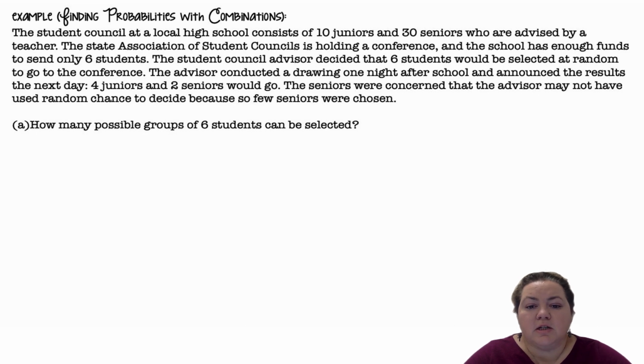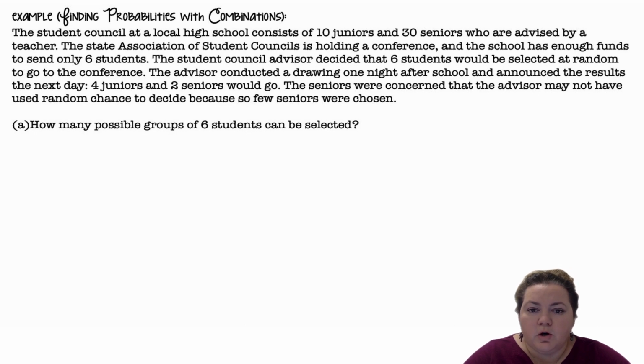The advisor conducted a drawing one night after school and announced the results the next day. 4 juniors and 2 seniors would go. The seniors were concerned that the advisor may not have used random chance to decide because so few seniors were chosen. How many possible groups of 6 students can be selected?